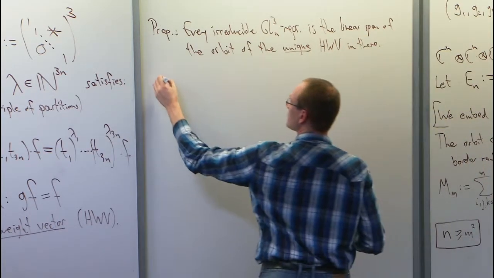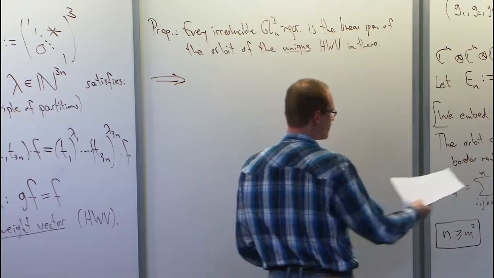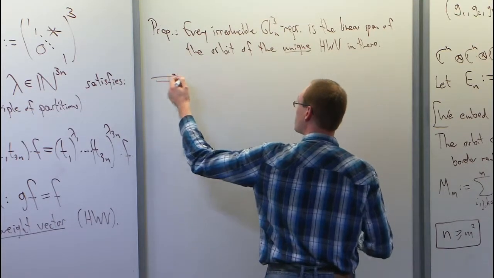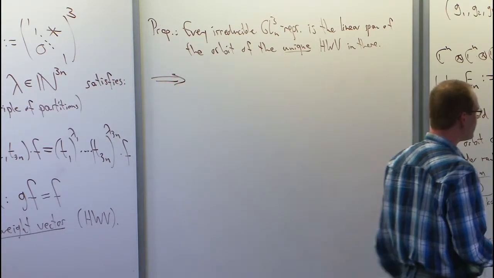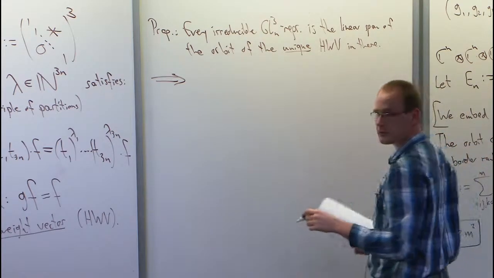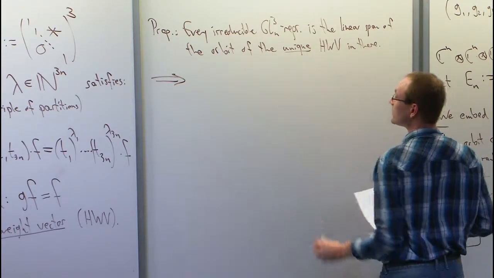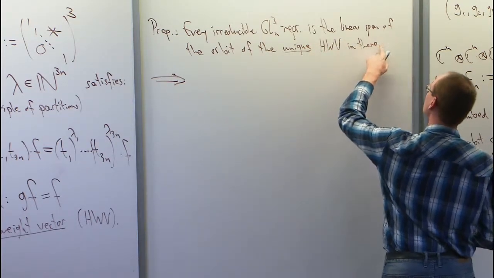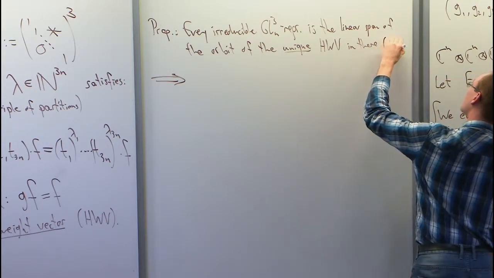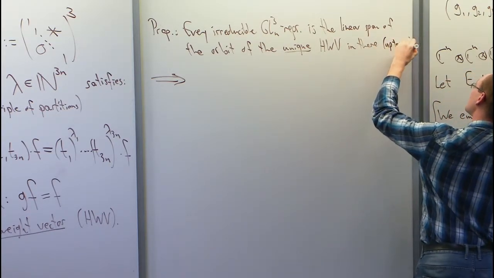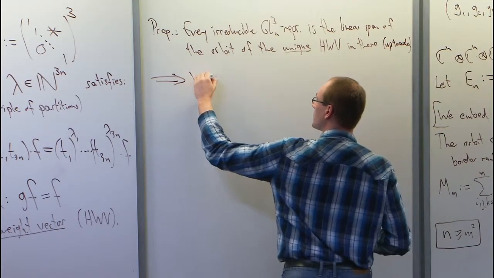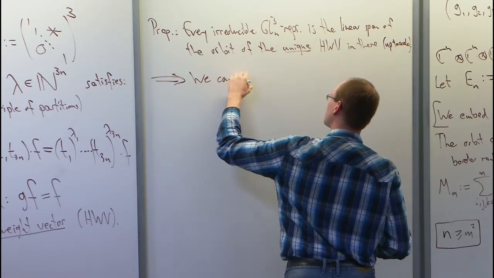So this means we can restrict our search to highest weight vectors. Unique up to scale, right? Yes, thank you, up to scale. So we can restrict our search to highest weight vectors.